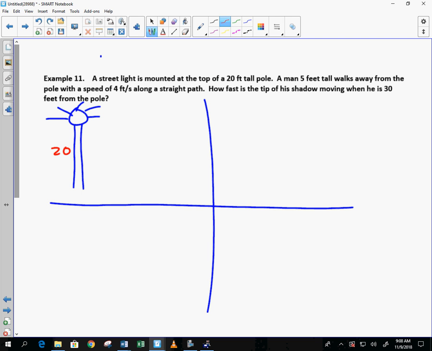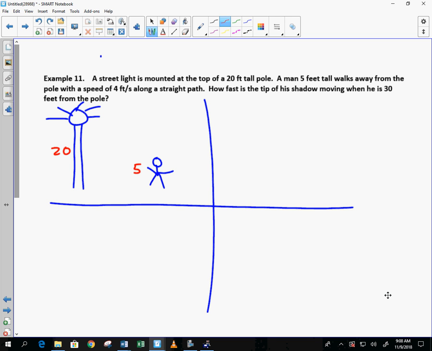Oh, yeah. All right. Streetlight mounted on top of a 20-foot tall pole. A man 5 feet tall walks away from the pole with a speed of 4 feet per second along a straight path. He's got a long neck and no torso.